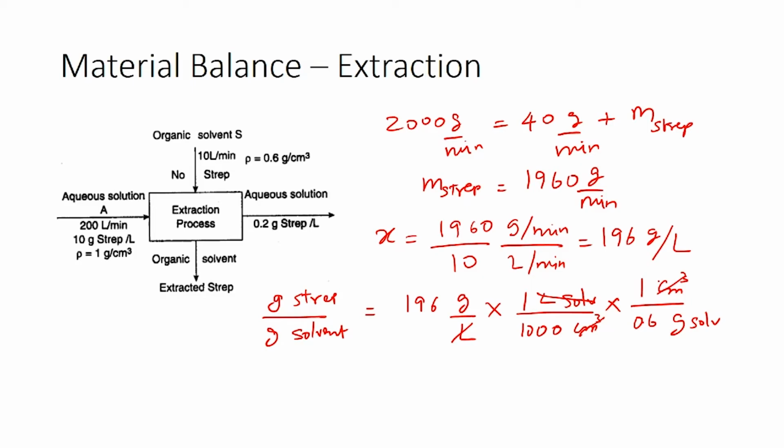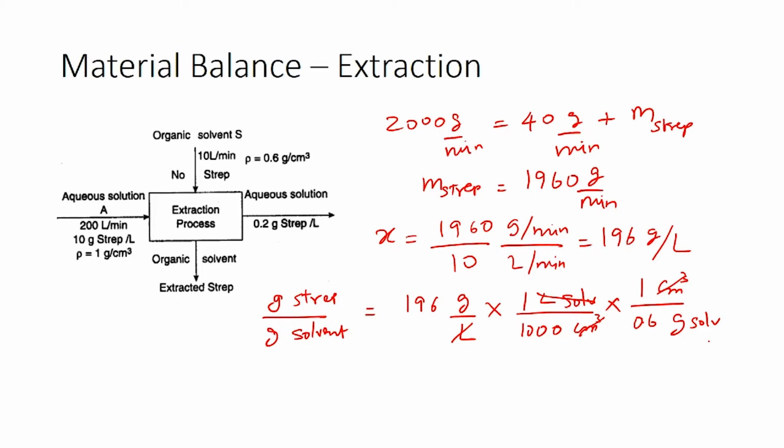However, the grams terms cannot be cancelled, because they represent two different grams. The first one, 196 grams, represents 196 grams of streptomycin, and the denominator represents 0.6 grams of solvent. So, you would end up with a dimensionless number in terms of this particular mass ratio, but this would not be unitless.